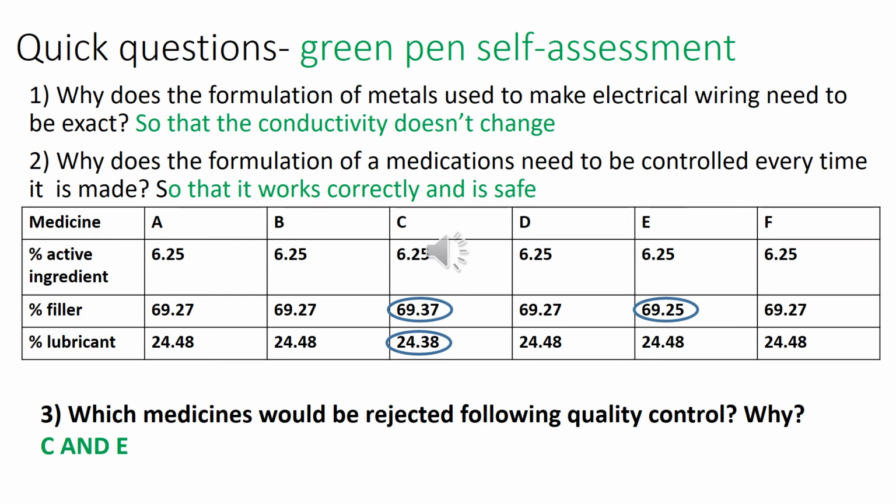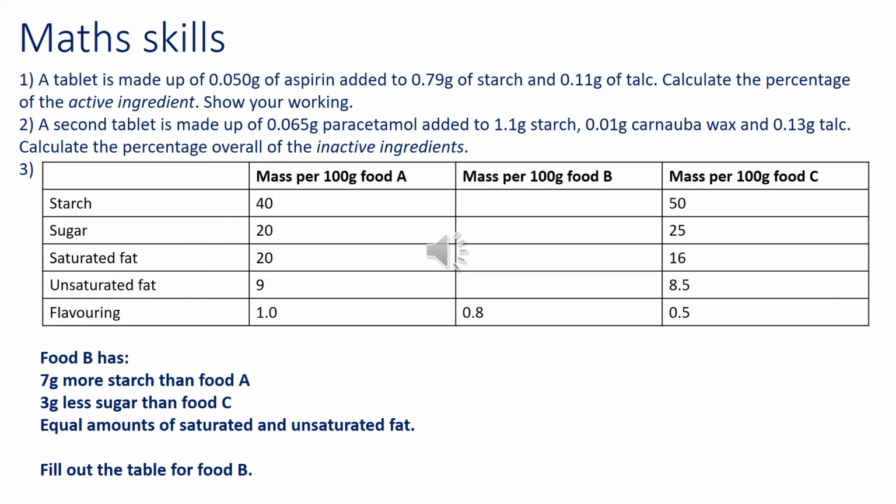Right, year 9. So now we are going to use some maths skills in this topic. Okay, so if you look at question number 1, a tablet is made up of 0.050 grams of aspirin added to 0.79 grams of starch and 0.11 gram of talc.